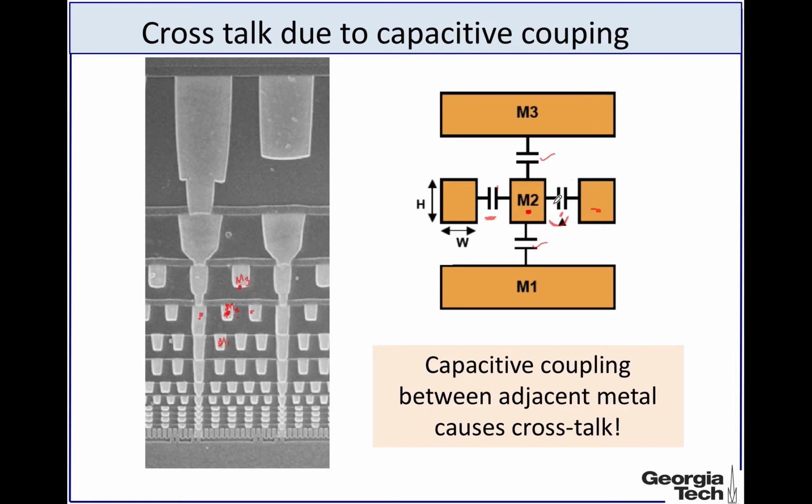But because of this capacitive coupling, the voltages in this wire will induce some variation of the voltage here. The signal in this wire is supposed to be completely uncorrelated with this one, but because there is some signal coming here going zeros and ones, this will induce some voltage variation here, and that effect causes a noise in the signal that is carried by this wire over here.